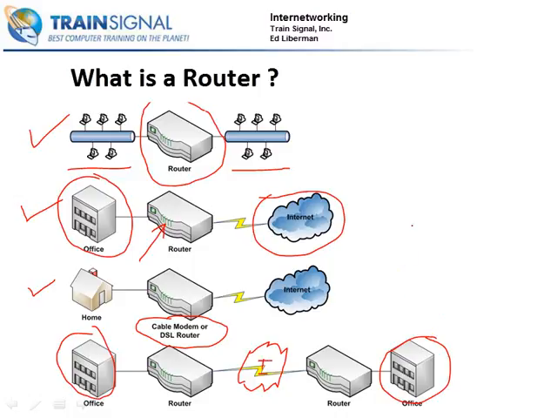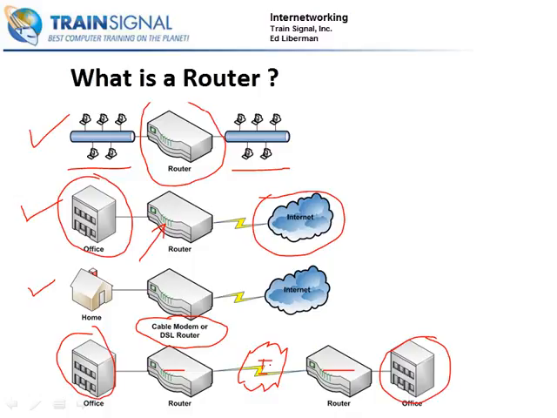This is probably the more common example in today's environments, where both offices are connected to each other through something called a VPN, or a virtual private network. Don't worry a whole lot about VPNs and how to set them up. We'll cover that in another video. But for right now, just to understand how we would use routers, each office would have their own router to get to the internet to facilitate this VPN connectivity.